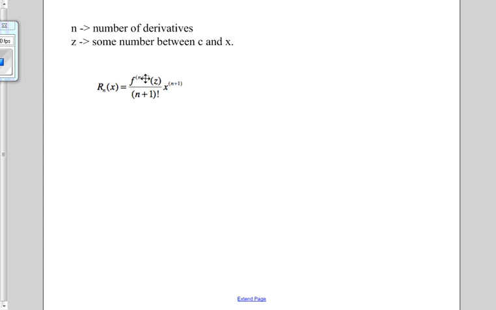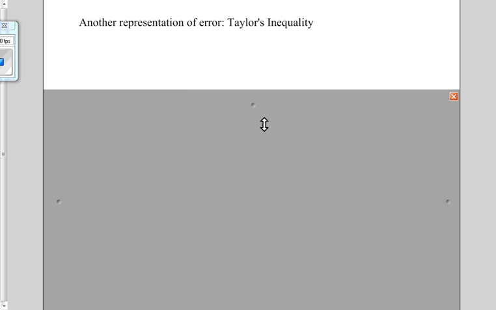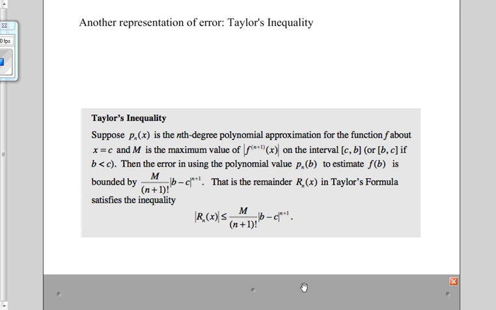So in this case, we're taking the n plus 1th derivative, evaluated at z, some number between c and x, all over n plus 1 factorial times x minus c to the n plus 1. This will calculate how much error there is between our polynomial approximation and the actual function. Well, that's the Lagrange error.